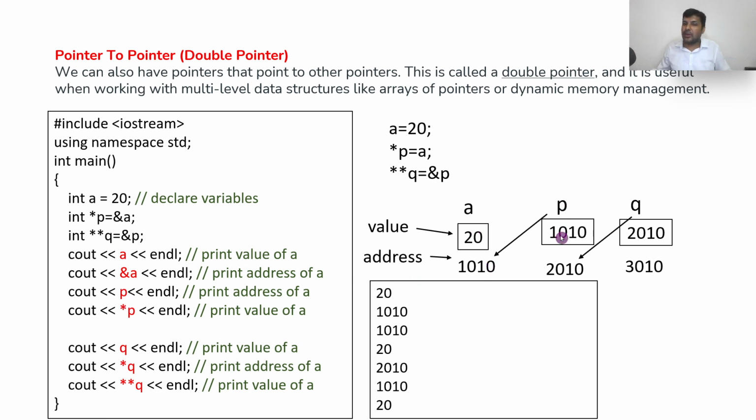If I say p, the address, and if I say *p, it is printing the value in the address, that is nothing but 20. If I say q, it is printing the address of p, and if I say *q, it is printing the address of a, and if I say **q, it is printing the value in the address, again the value in the address. This is double dereference, right? So again it is printing the value of a. So this is how it works.